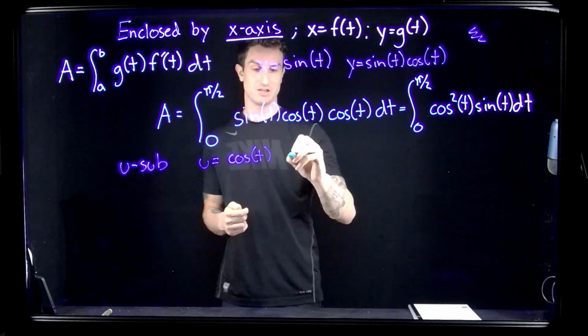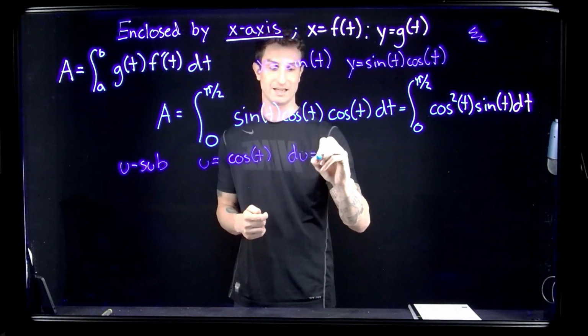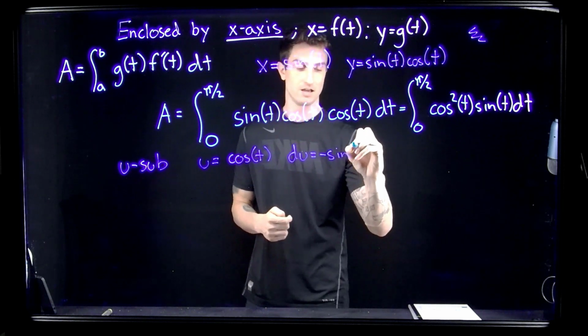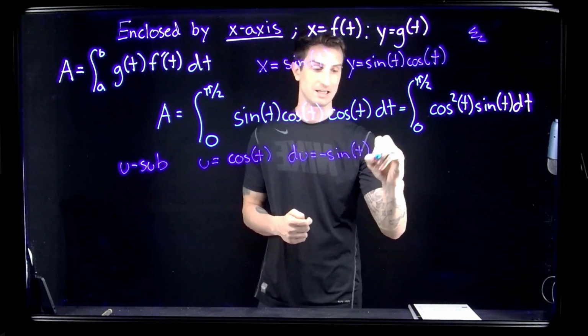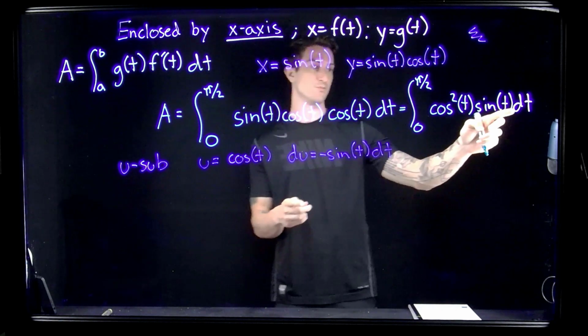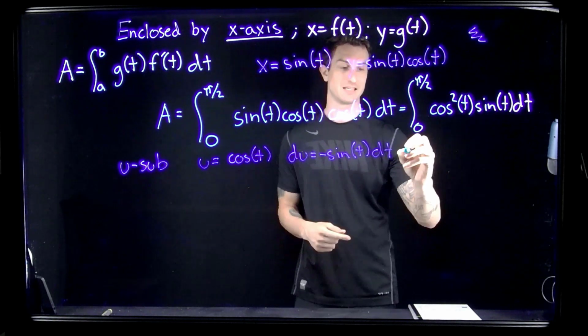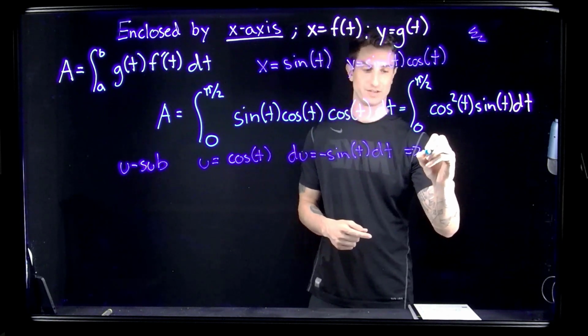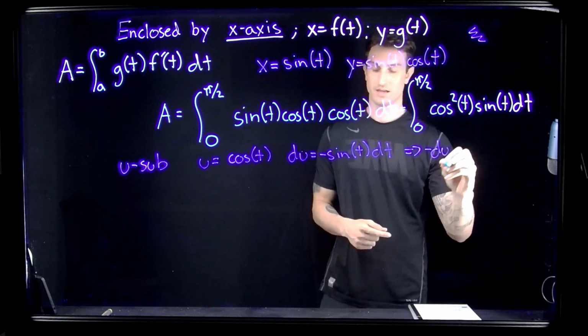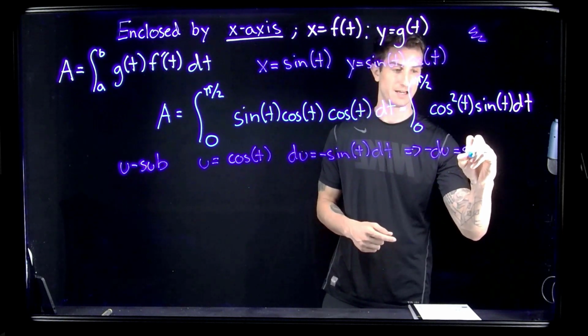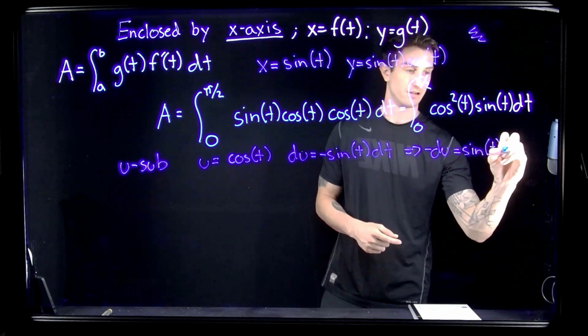That means our du will be negative sine of t dt. Now, in order to make everything nice, I'm just going to move this negative sign to the other side, right? So we'll say negative du is going to be equal to sine of t dt.